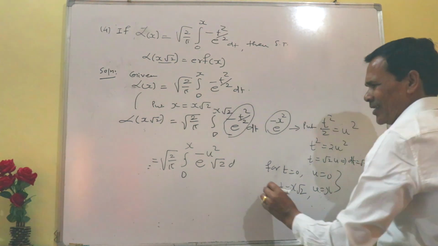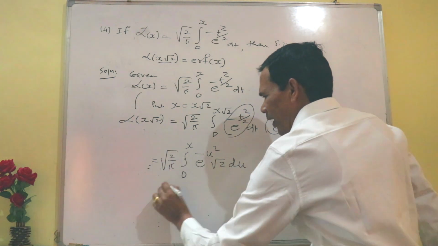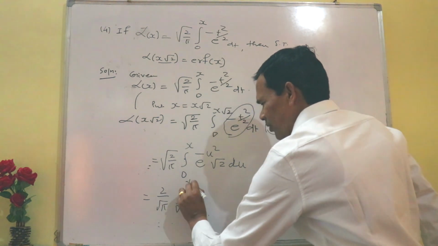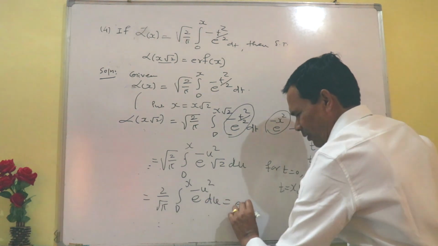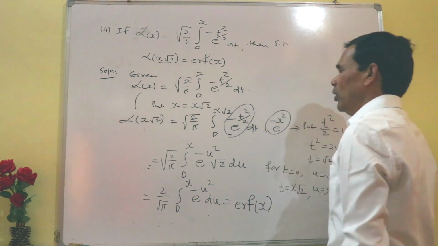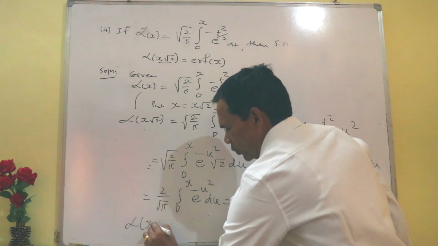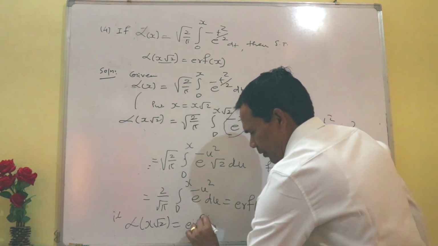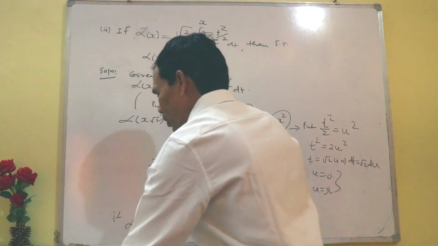Now this root 2 and this root 2 give 2 divided by root pi, integral from 0 to x of e raised to minus u square du, and this is error function of x. So alpha x root 2 is equal to error function of x, and hence this is proved here.